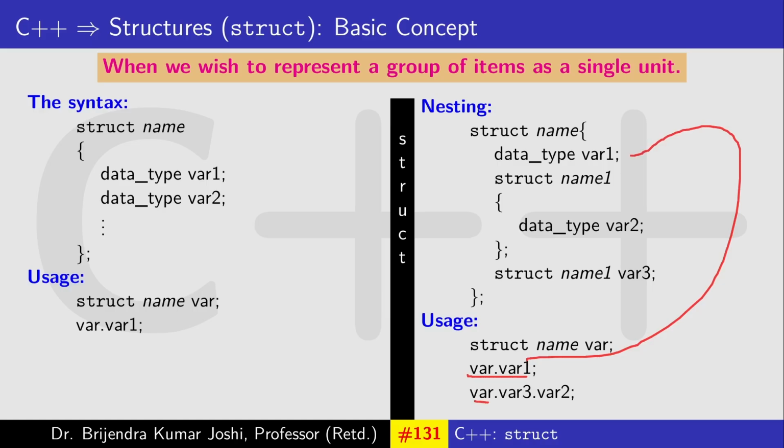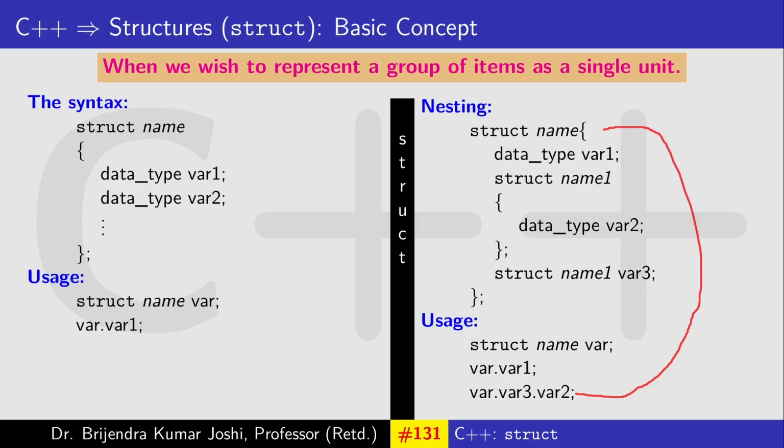And here var dot var3, it goes here, because this var3 is a variable of this type. And var dot var3 dot var2, so you can say it has come here, then it has come here, and from here it has come here. This is the way we can understand. It is for understanding only.